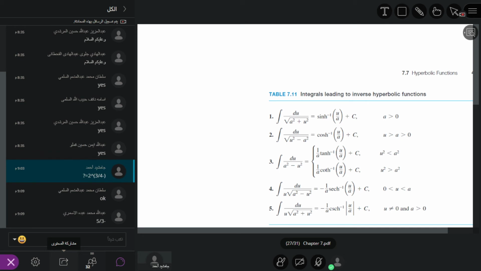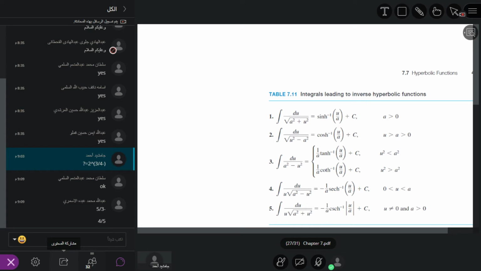Here cos is given, cos is 5 by 4, positive. So if cos is 5 by 4, then sec is 4 by 5.